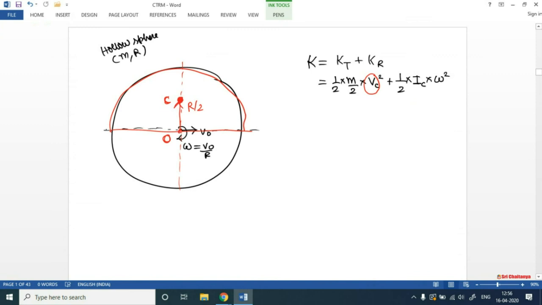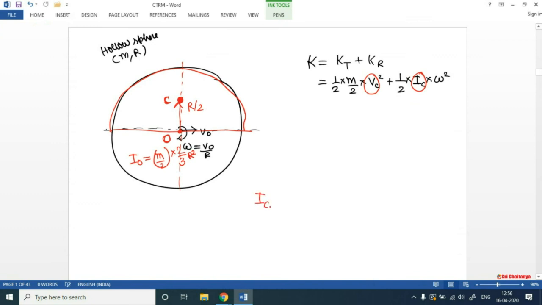So the moment of inertia of this hollow hemisphere about O, like Io, we know will be its mass times 2 by 3 r square about O. So that is m by 2 times 2 by 3 r square. Using the parallel axis theorem, we will be able to get this quantity Ic over here.